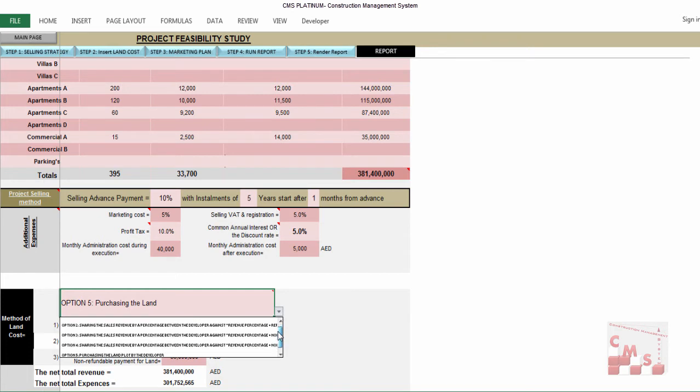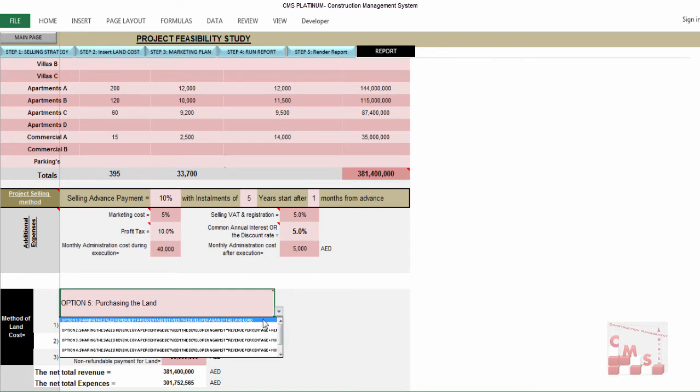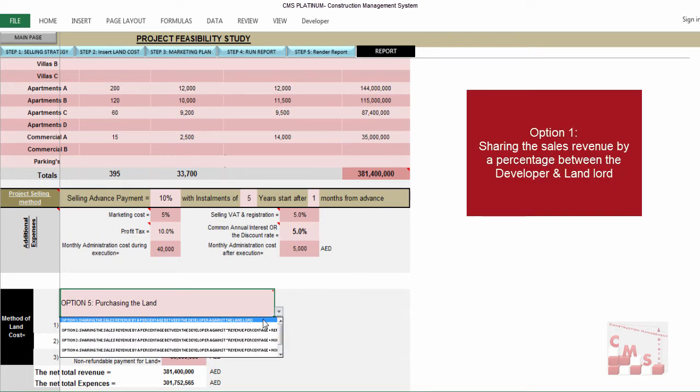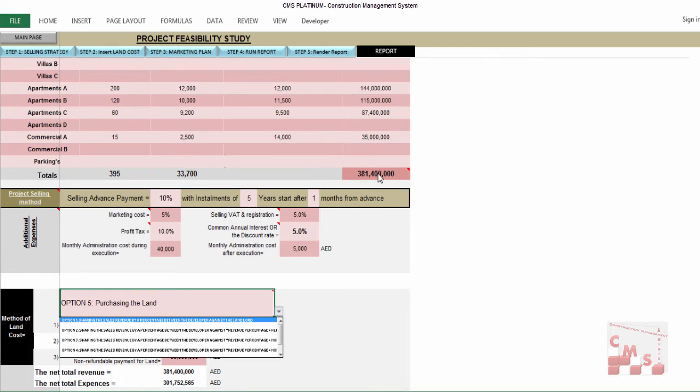We provide 5 options. The first option is sharing the sales revenue by a percentage between the developer and the landlord. That means the value of the selling revenue will be shared between you as a developer and the landlord. Suppose you don't need to purchase a land, you will start the construction or make the development, and meanwhile the landlord takes a percentage.